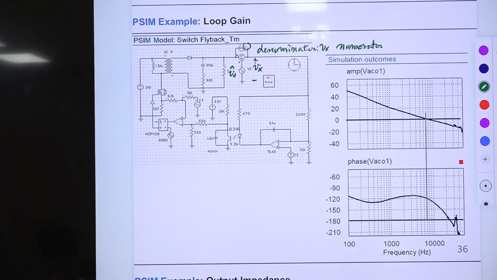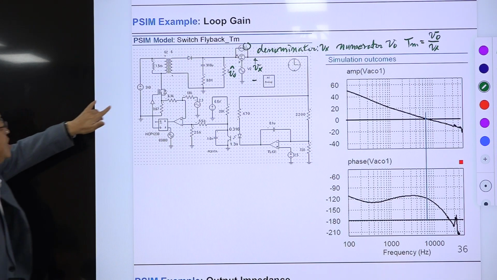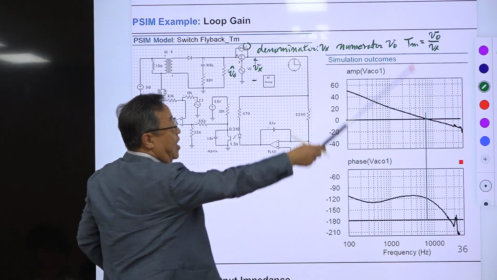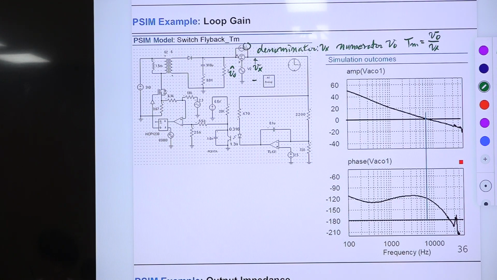So what you are getting is the loop gain. Just placing this AC probe in this manner, you are getting this loop gain magnitude. Okay, so this is the loop gain magnitude.